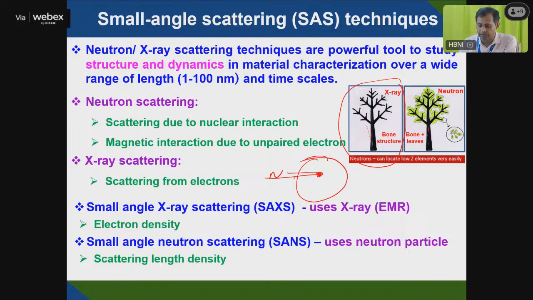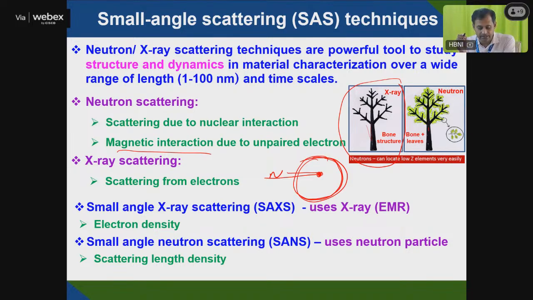As I discussed in the first class, the nuclear interaction is very small, expressed in terms of barn, because of the very small size of the nucleus. The other thing is magnetic interaction. Since the neutron is magnetic in nature, it interacts with unpaired electrons, and you will get that magnetic information also.